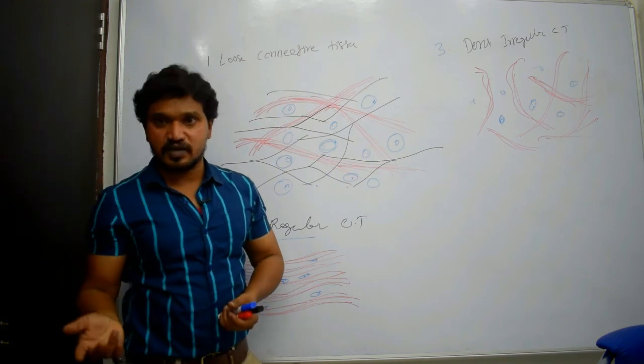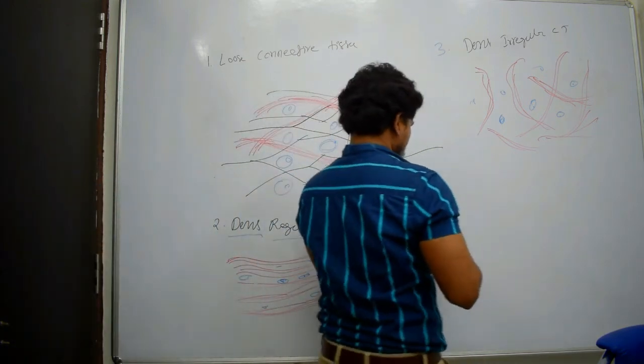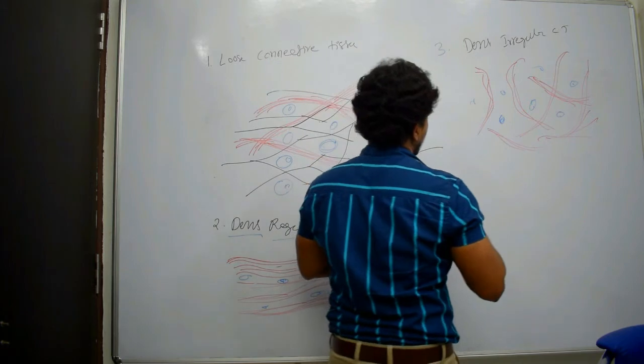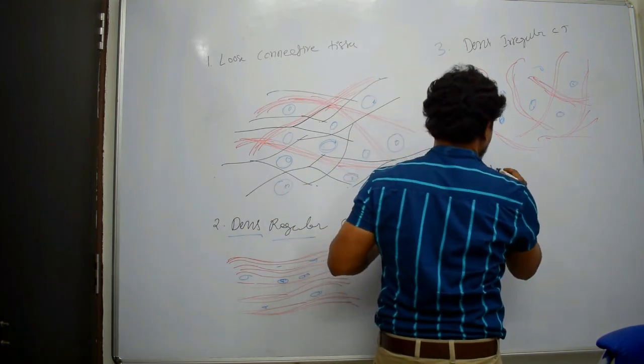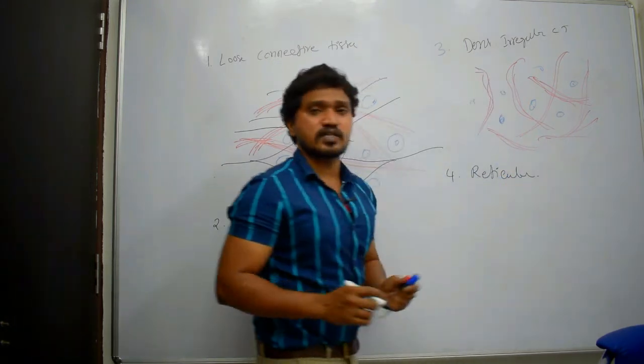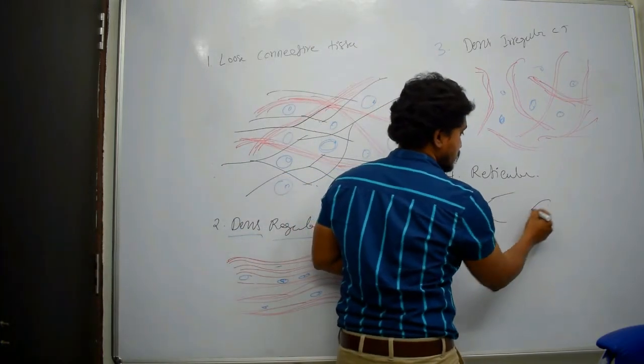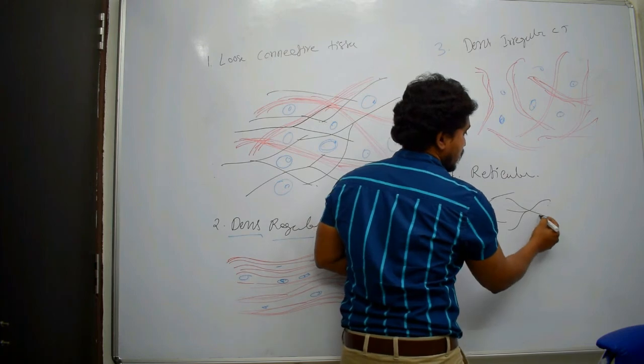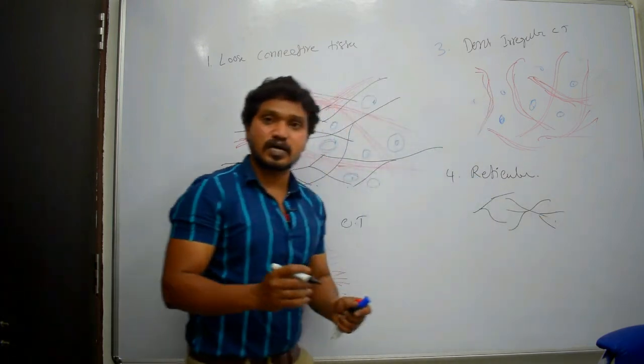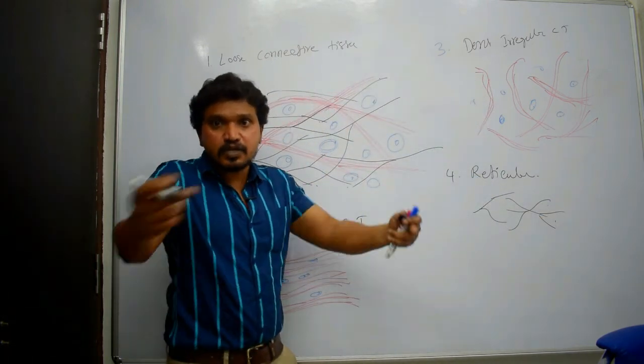Then another type of tissue is reticular tissue. What is that? Reticular tissue is nothing but reticular fibers forming a network. Reticular fibers are branching and reuniting in nature.